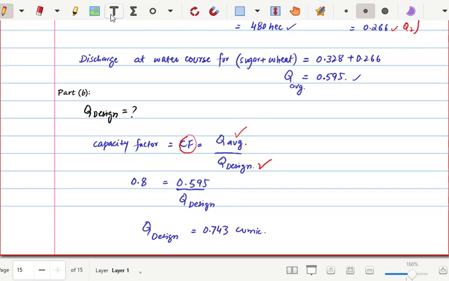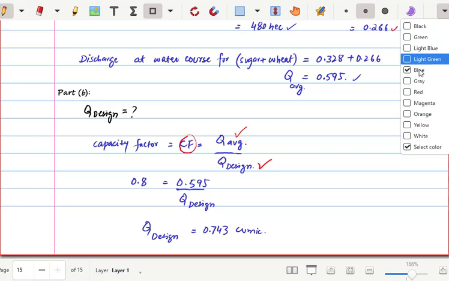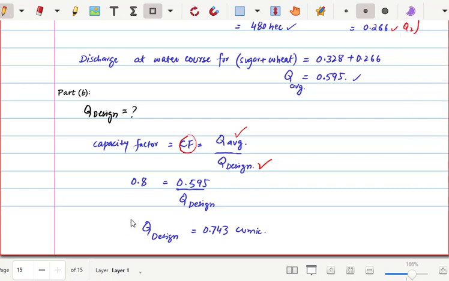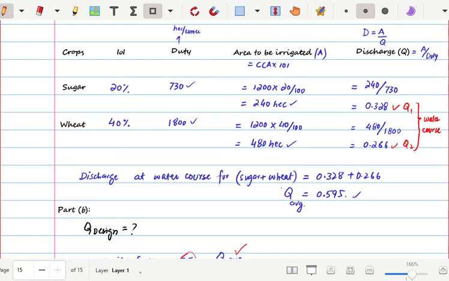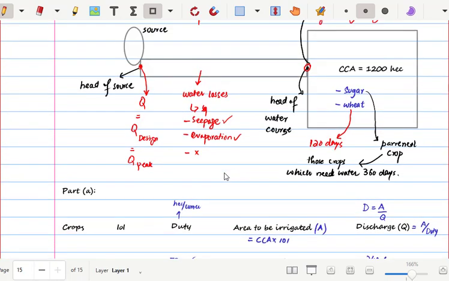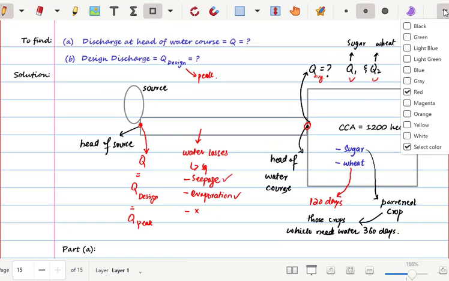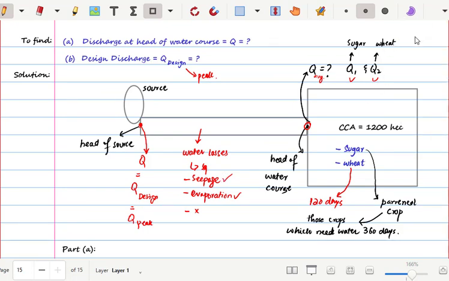So what are our answers? For part B, the value of Q design is this. For part A, the value of Q at water course head is this. So in the image you can see that our design value is going to be 0.743, right?